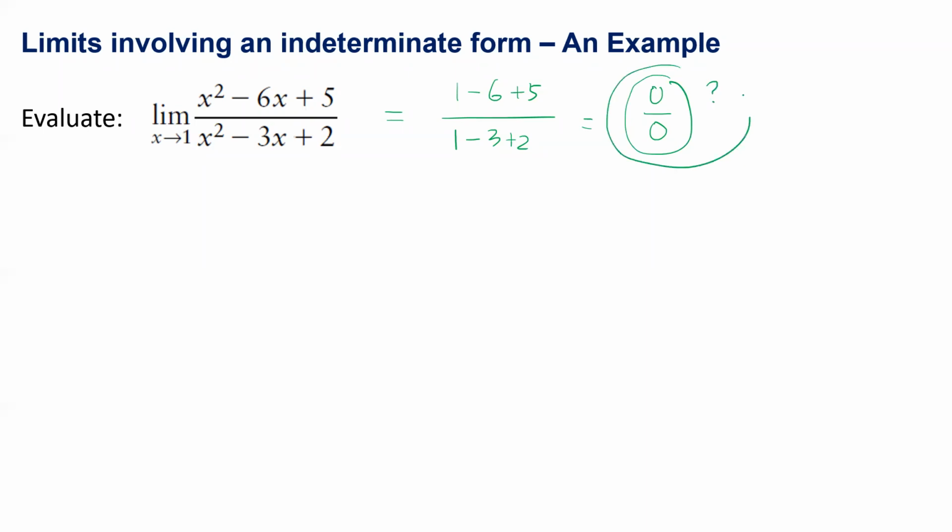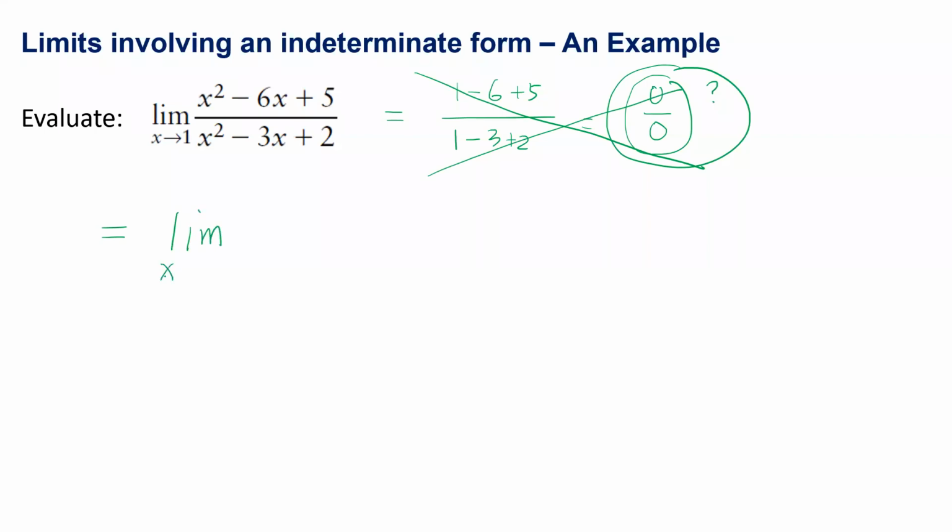This is very difficult to evaluate, right? Because we don't know whether it's 0 or something else. So if you have a rational function or something like that, try to simplify it first, okay? If substitution won't work, always try to simplify your expression before you evaluate the limit.